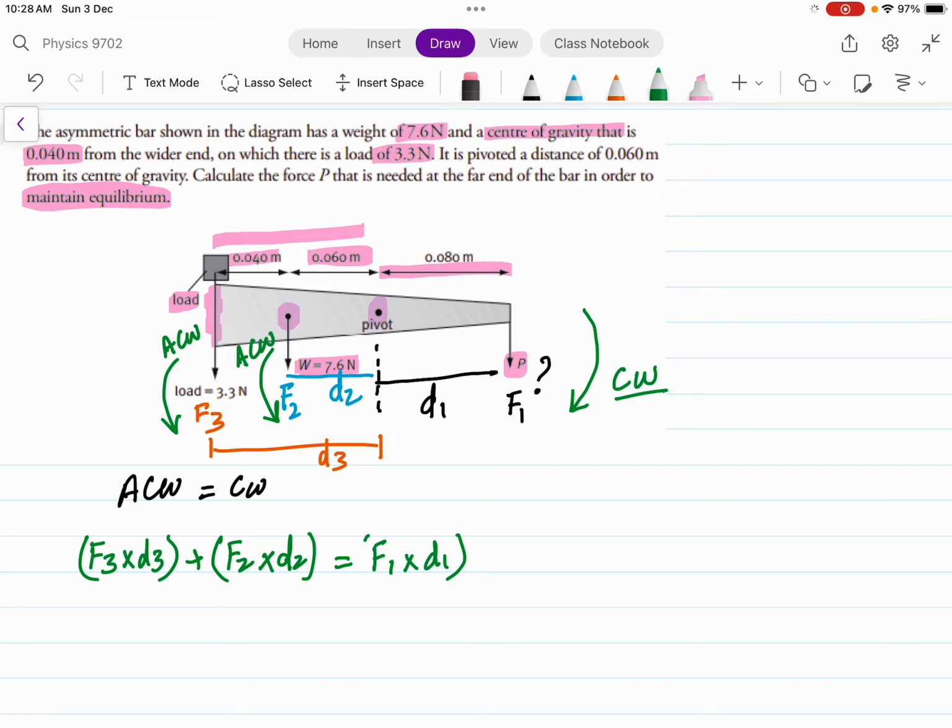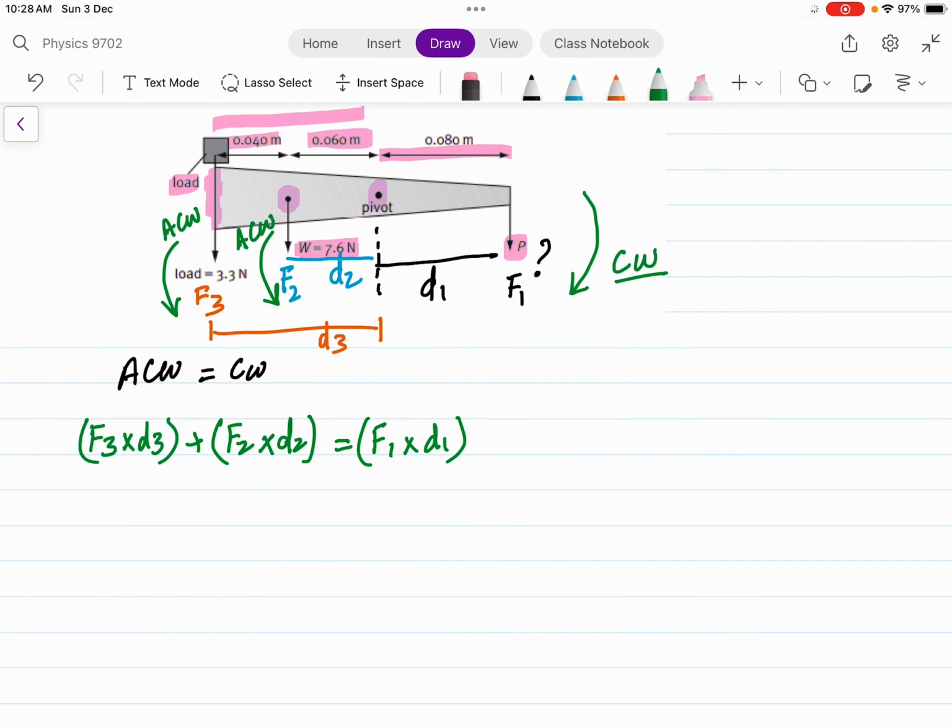Now I'll just plug in the values. So it's F3 into D3. What is F3? 3.3 newtons. And what is D3? D3 is this whole distance, which is 0.04 plus 0.06. So that means it's 0.10 meters, plus we have this F2, which is 7.6 newtons of the weight, into its distance D2, which is 0.06.